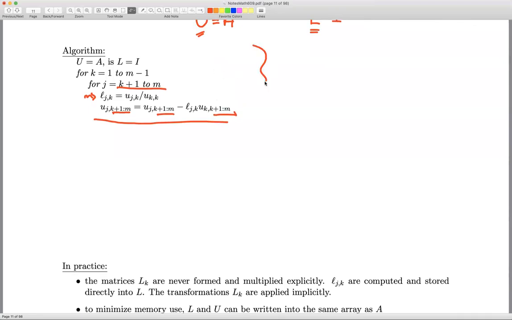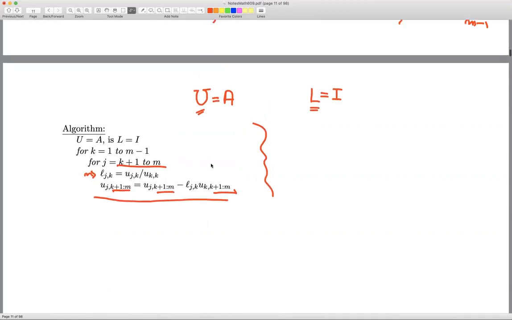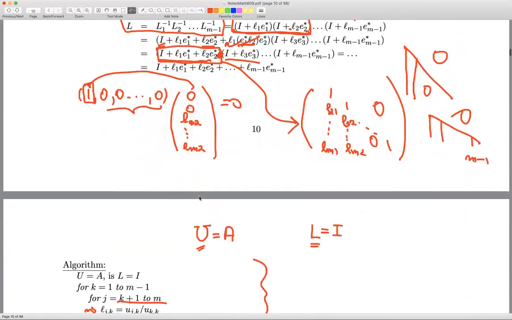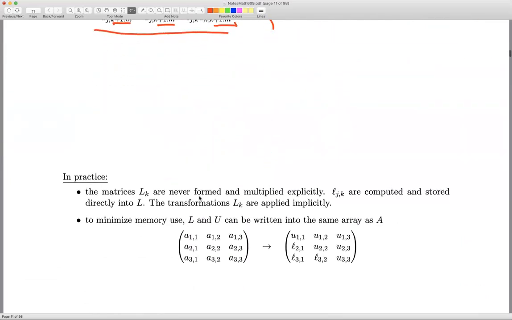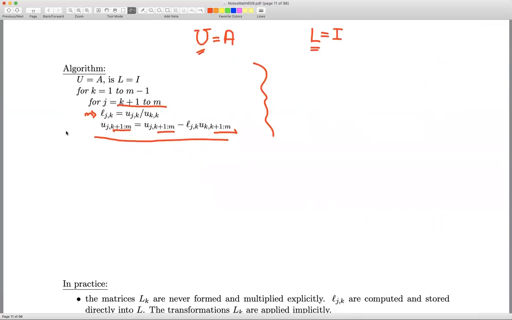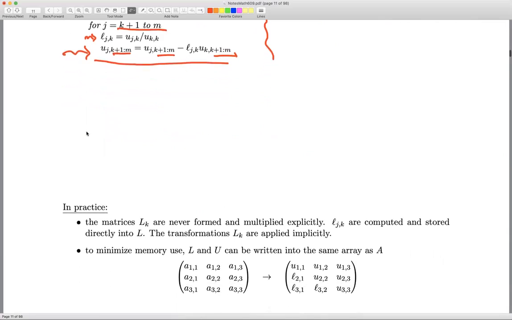The l_jk are computed using this ratio, and this is how they are stored to find the matrix L. And the transformations L_k are applied implicitly, multiplying on the left the resulting matrix of the Gauss elimination at step k.